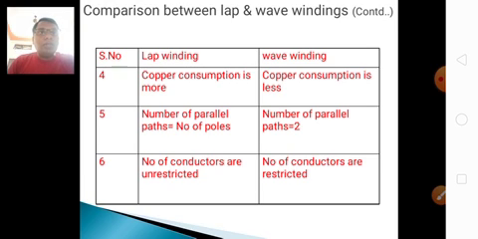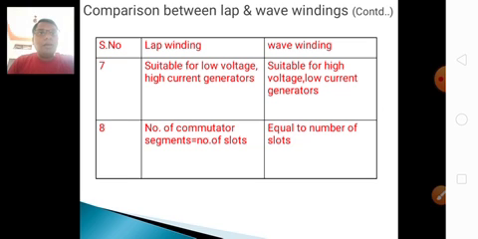The copper consumption is more in lap winding, and less in wave winding. The number of parallel paths is equal to the number of poles, A equals P. Here the number of conductors is unrestricted, there the number of conductors is restricted. Lap winding is suitable for only low voltage, high currents, so that's why EMF will be less.